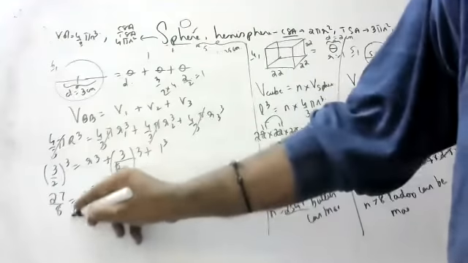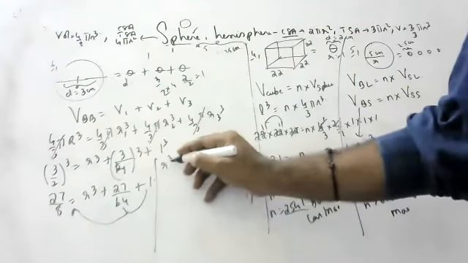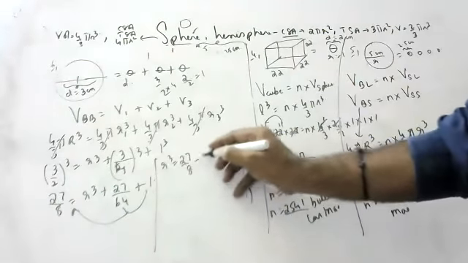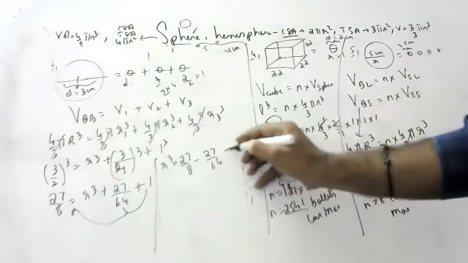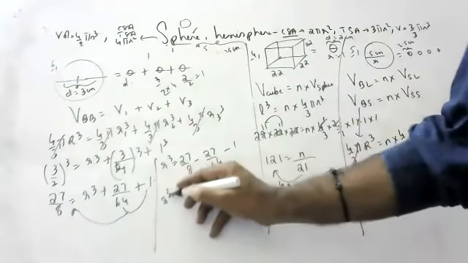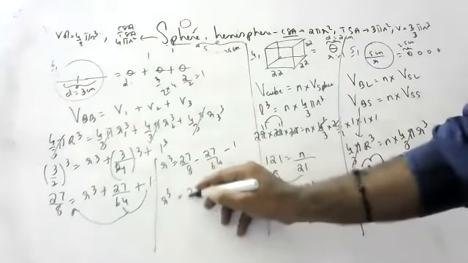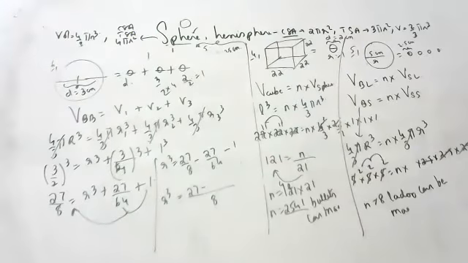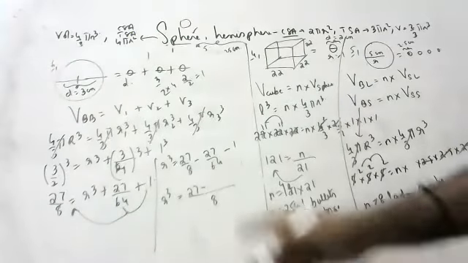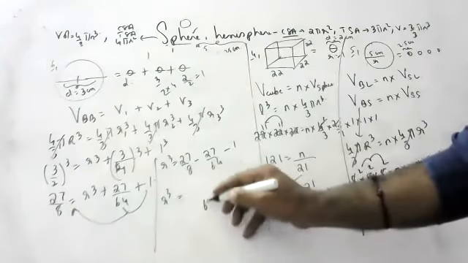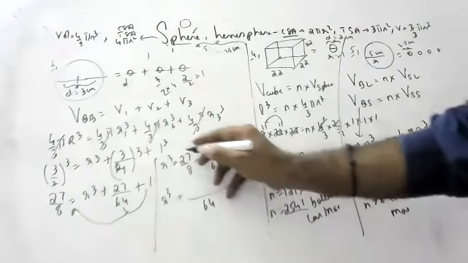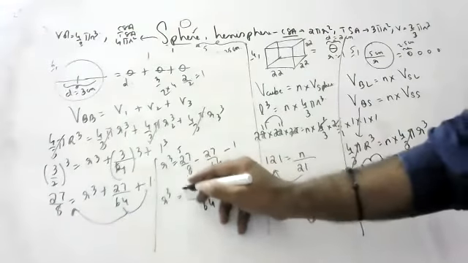This you take this side. Now what happens? R cube is equal to 27 by 8 minus 27 by 64 minus 1. How much? 8 into 8 is 64, LCM is 64. Thank you for telling. Very good. 8 is 64, 1 into 64.